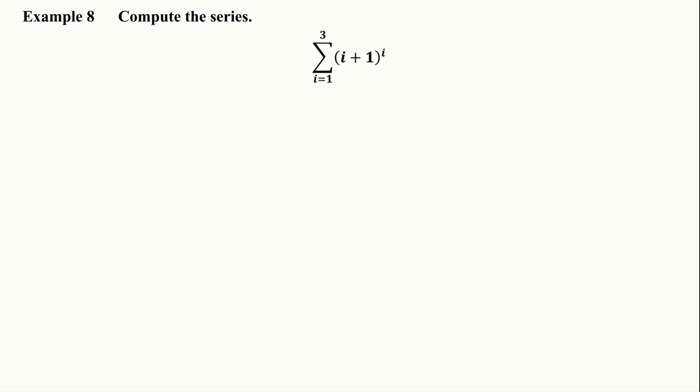It's just the sum from i equals 1 to 3 of quantity i plus 1 to the i. So remember, we're just going to run through the index values. Starting with 1, instead of i, we're going to substitute 1, so 1 plus 1 to the power of 1.